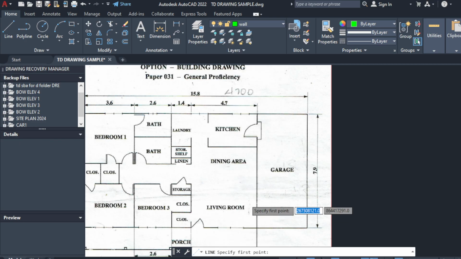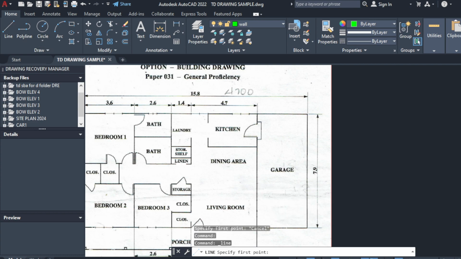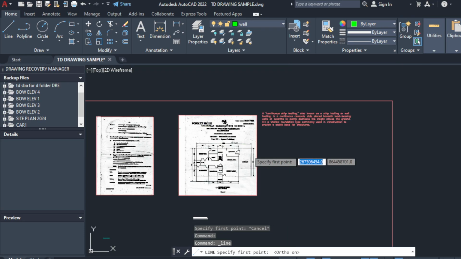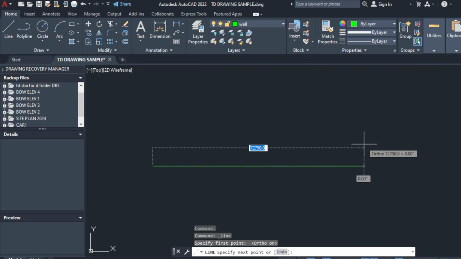Select line, and make sure I have my restriction on. I select it at the bottom, select on my screen here, and type in 15,800 millimeters. Enter.